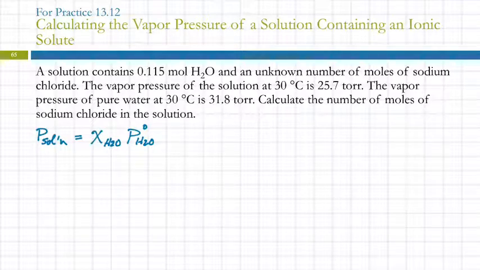Here we're given the vapor pressure of the solution and the vapor pressure of the pure water, and we're not given enough information to find the mole fraction directly. But we can calculate the mole fraction from these pressures. So the mole fraction of water is equal to the vapor pressure of the solution divided by the vapor pressure of pure water.